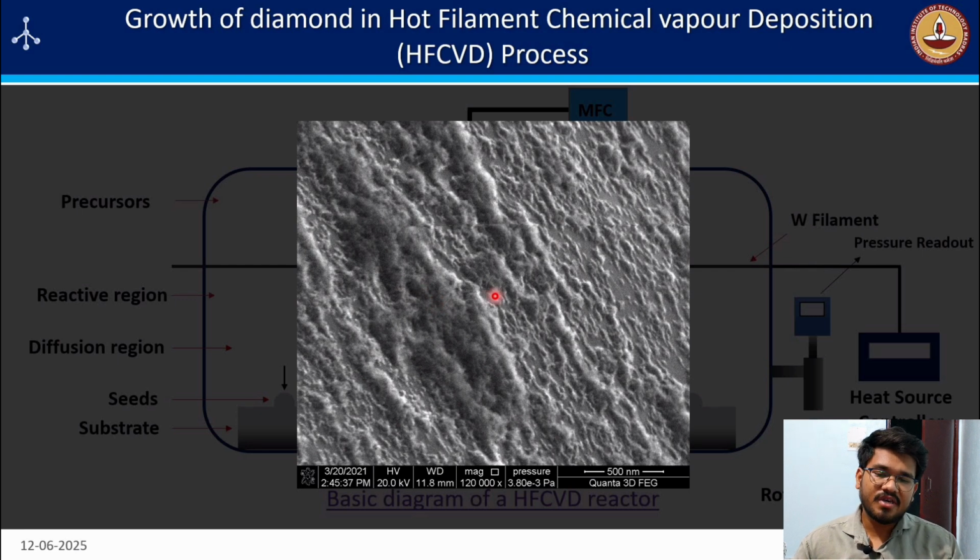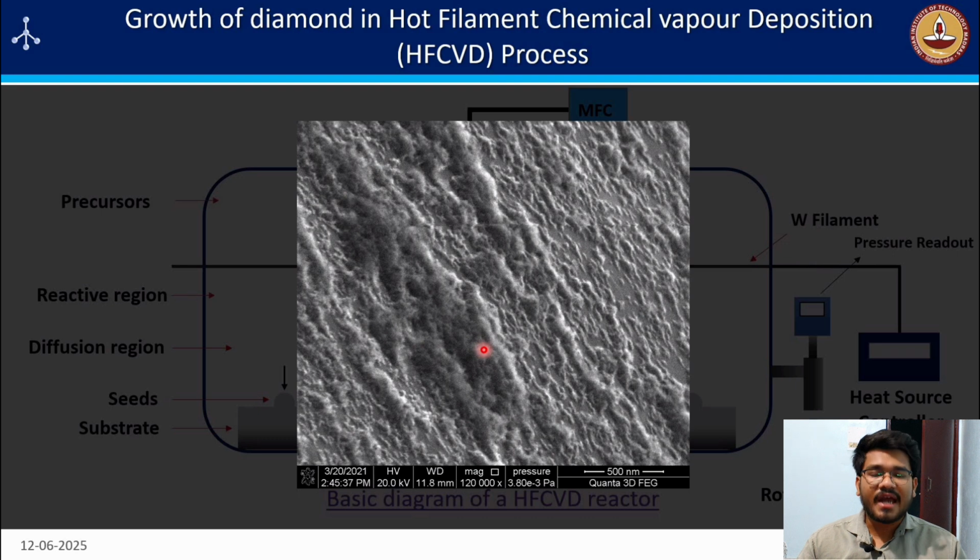If we ultrasonicate, these small diamond particles will settle on top of the substrate. So this acts as a nucleation center. For the diamond to grow, you need a material which has a diamond-like structure. So this is nothing but nanodiamond on top of the substrate. It is actually easy to grow diamond on top of a diamond substrate, but for other substrates you need to have initial seeding.